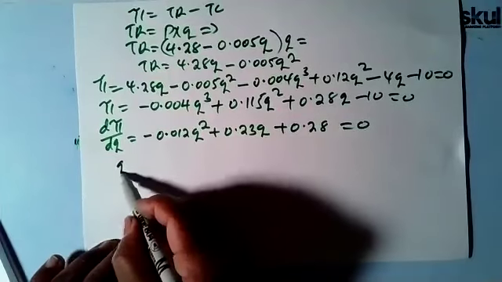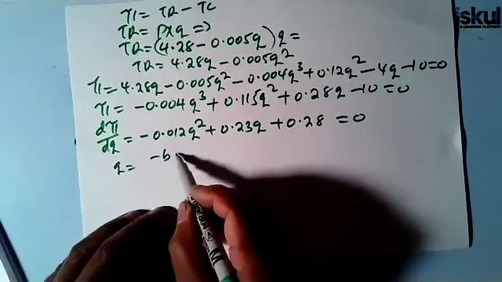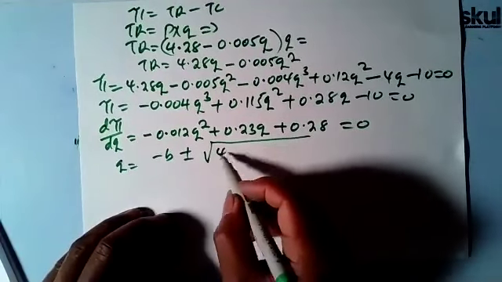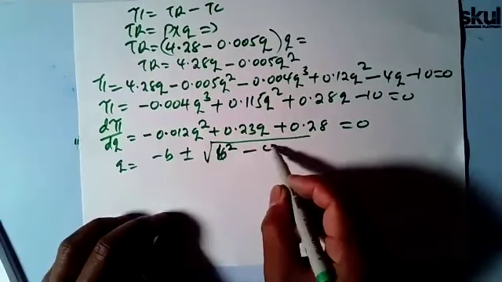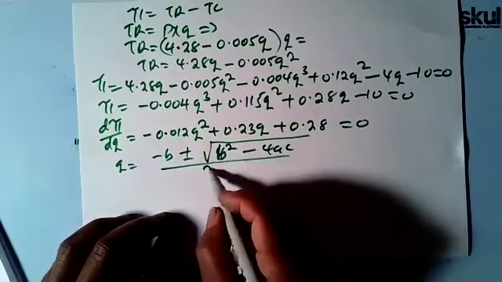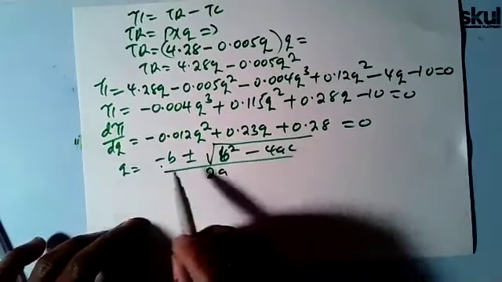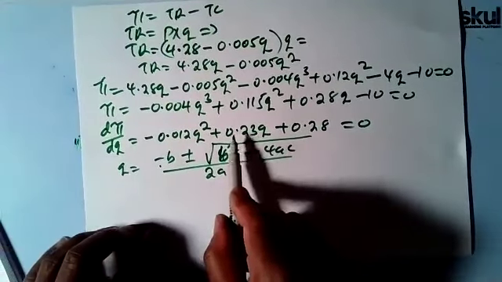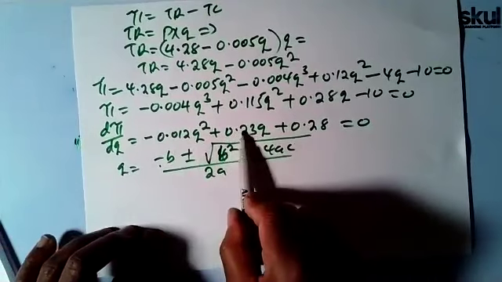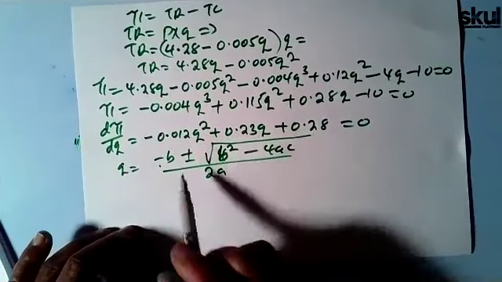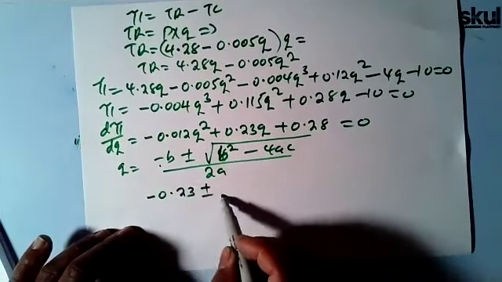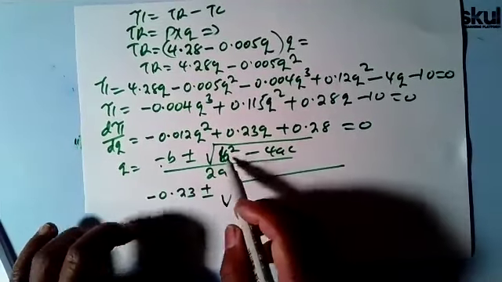So to get Q, use the quadratic formula: minus B plus or minus square root of B squared minus 4AC over 2A. So minus B. You see this is A, this is B, this is C. So minus B, our B is negative 0.23, plus or minus square root of B squared.